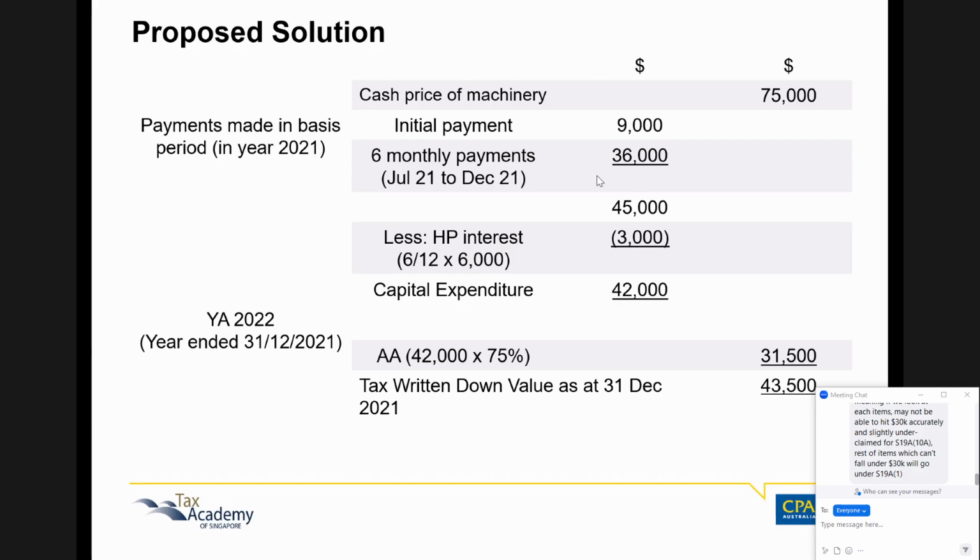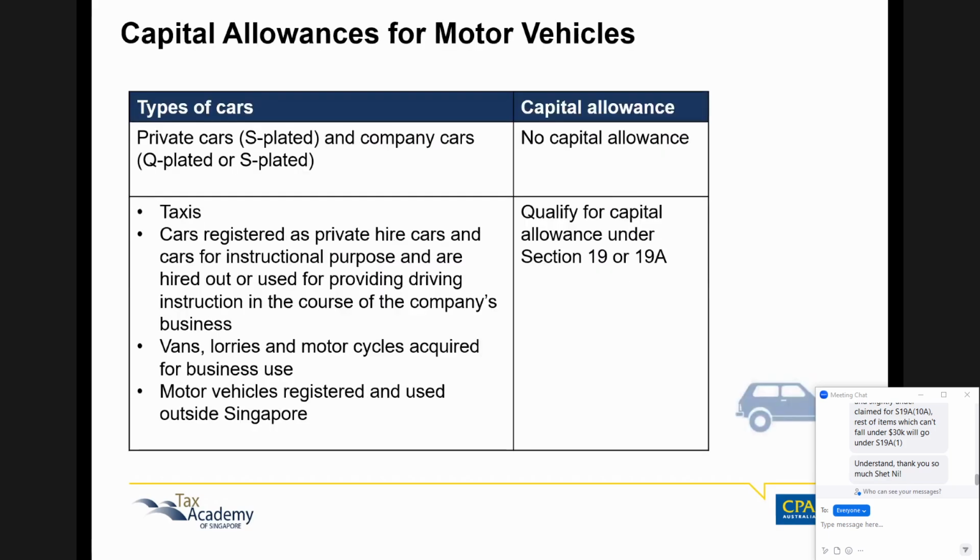So those items that exceed the 30K, you cannot claim under it; you claim under 2 years or 3 years. Sorry, I hope that it is clear. Anyway, the cap is there. You cannot bust the cap.